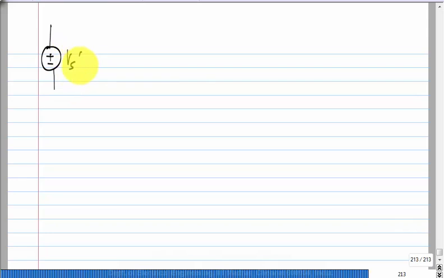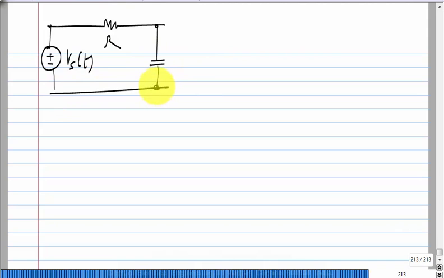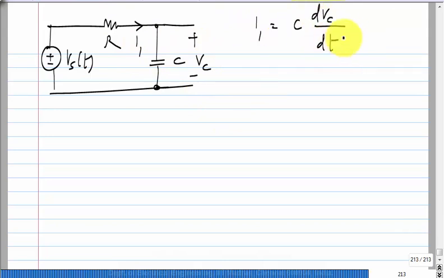So, Vs of t, so I1 is this, or maybe even easier is, you don't even have to differentiate.